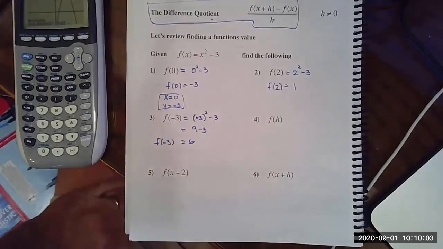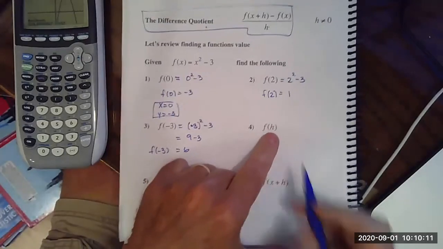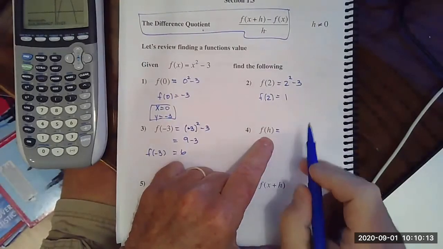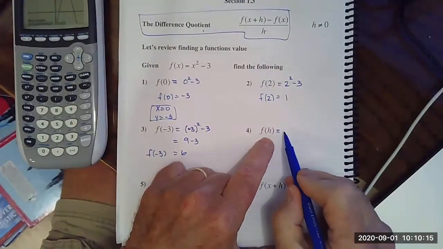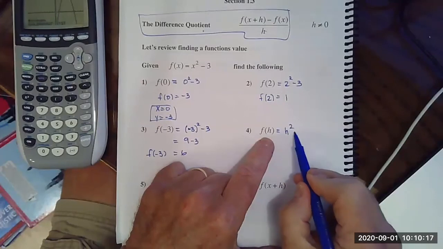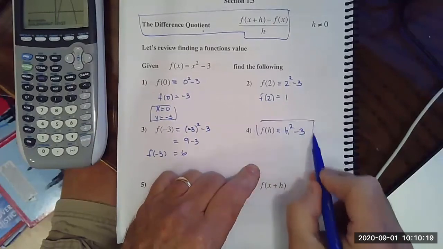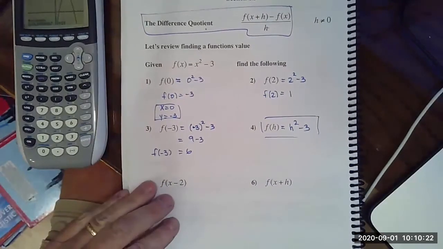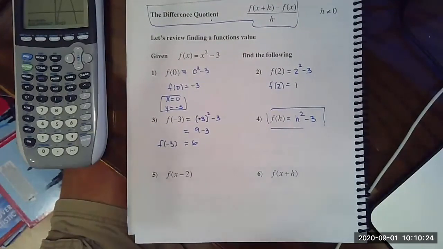Now it starts getting weird. You're replacing the x with other stuff, not necessarily just a number, just other stuff. So this one here, you're just making the x all h's. So you go h squared, subtract 3, nothing else to do. Right now it's meaningless.